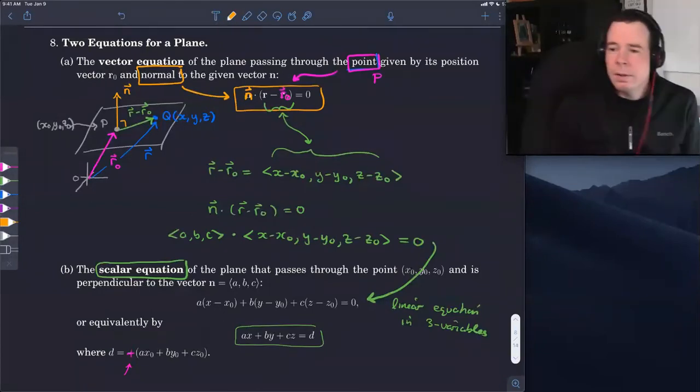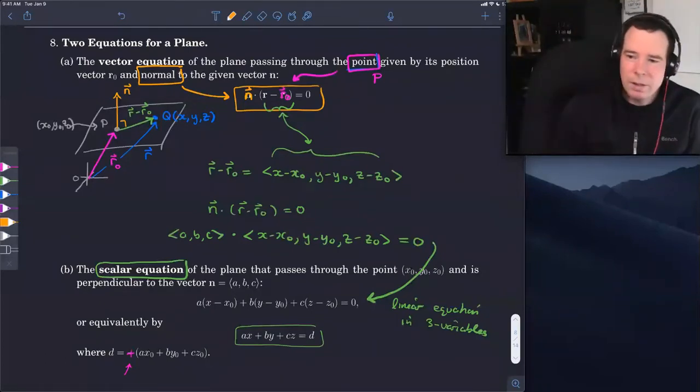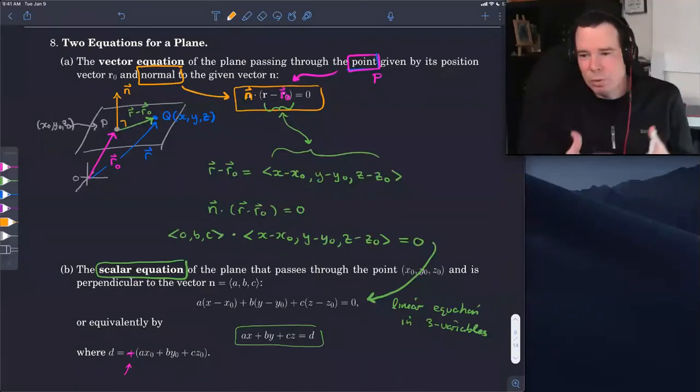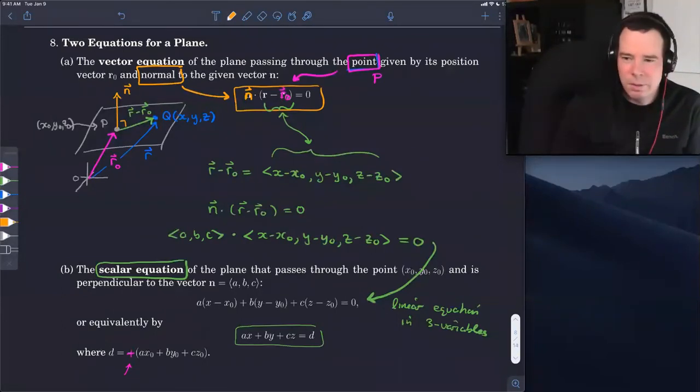And the R is just an arbitrary position vector of a point in the plane. This is the equation that it has to satisfy. Suppose I want to know, is the point 10, 10, 10 on this plane?